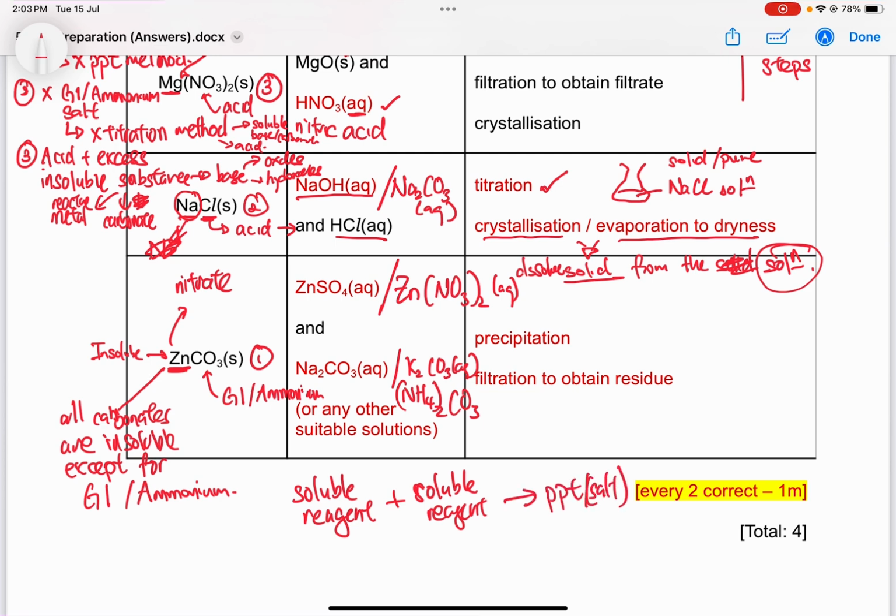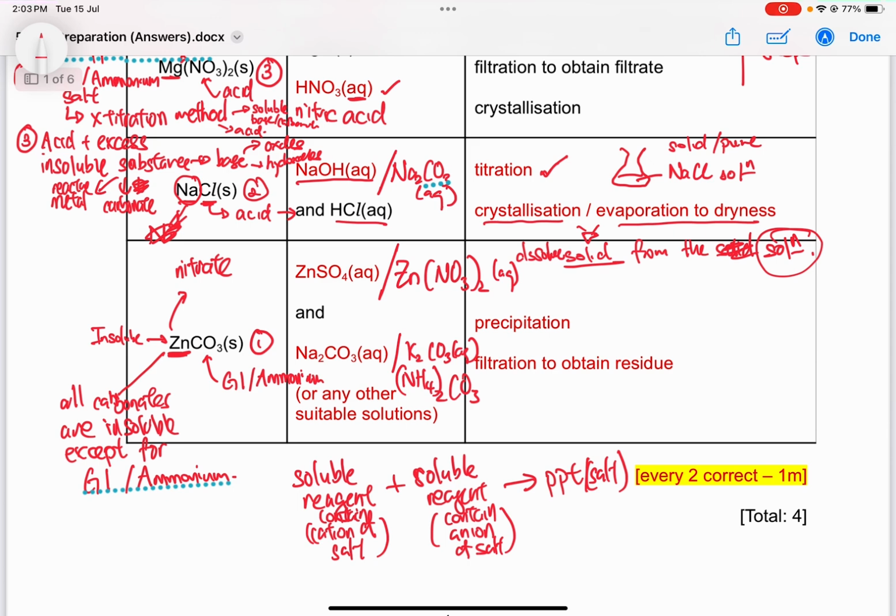Now, the interesting thing is that one of your soluble reagents must contain the cation of your salt. The other soluble reagent must contain the anion of your salt. Okay, so that's actually how you go about determining it.